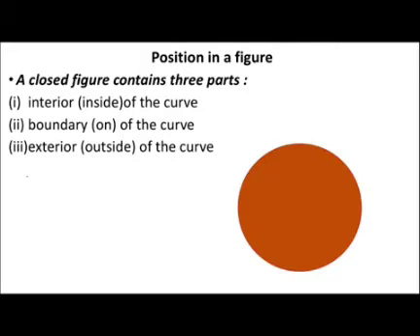We also have points outside the curve. Now what do we mean by boundary? Whenever you enter your house, you cross a threshold or a compound or a gate. That is called boundary. So we are going to discuss the position of points in a figure.